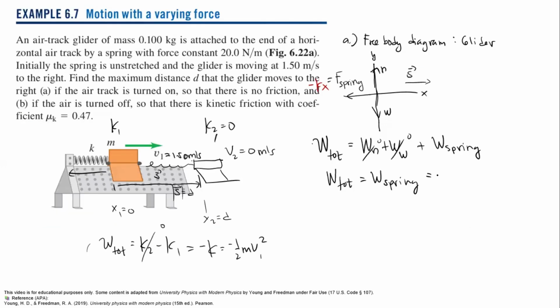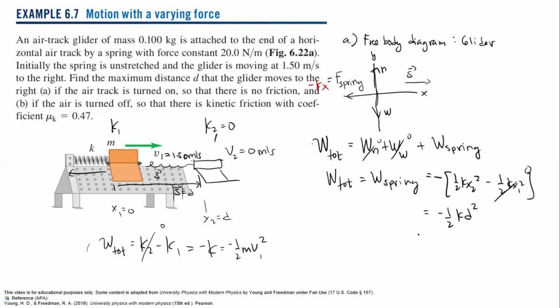Okay, this is actually negative 1 half k x2 squared minus 1 half k x1 squared. Since we know that x1 is equal to 0 and x2 is equal to d, this is equal to negative 1 half k d squared.